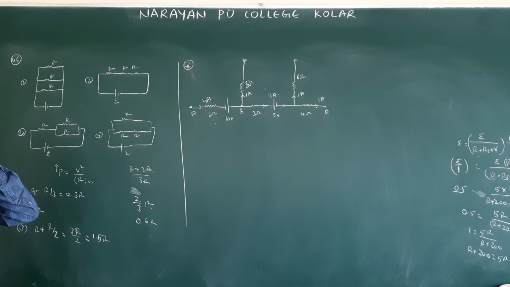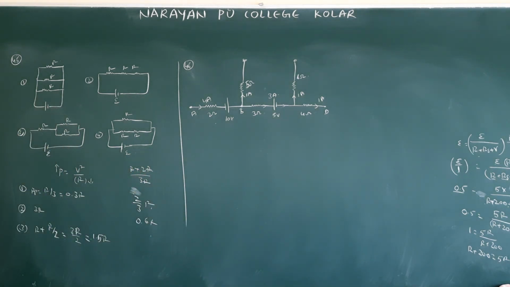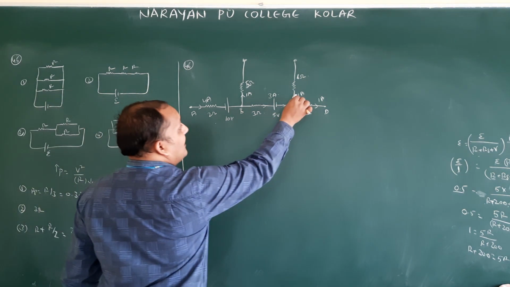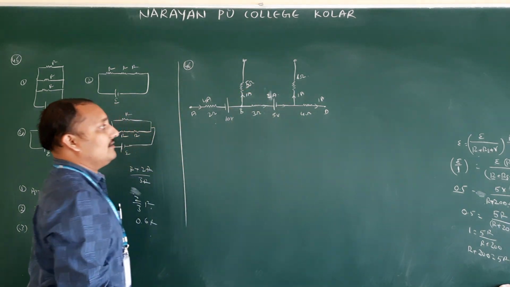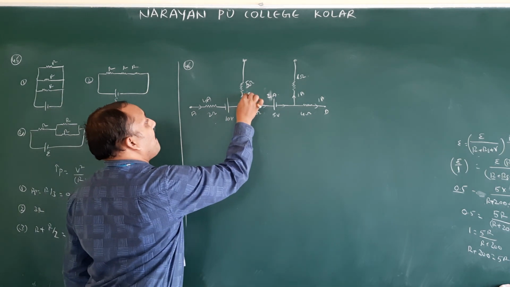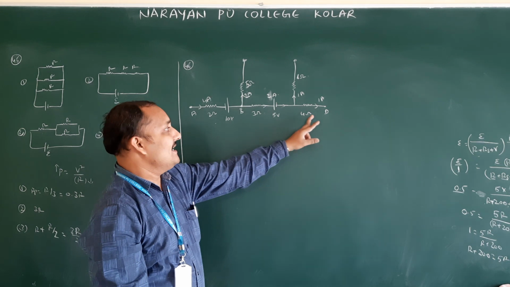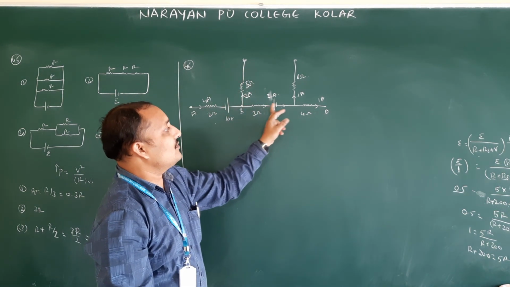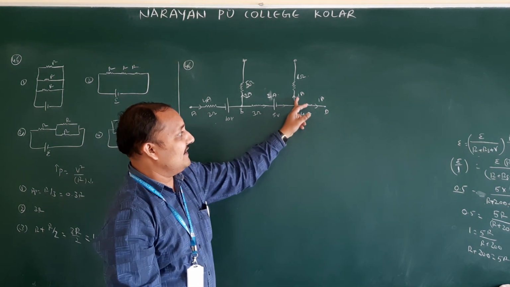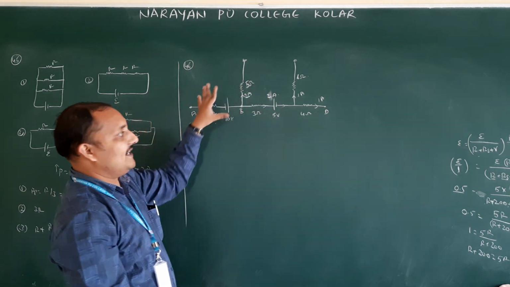They give 2 amperes, 1 ampere. So here 1 ampere, 1 ampere. So finally this is going to become 2 ampere, and this is going to become 2 ampere. See, finally entering current and leaving current should be the same. Here 2 amperes current is entering. This 4 is going to divide 2 and 2. So 2 entering current, leaving current here 1 ampere, 1 ampere. So 1 plus 1 equal to 2. Therefore, currents will be divided.